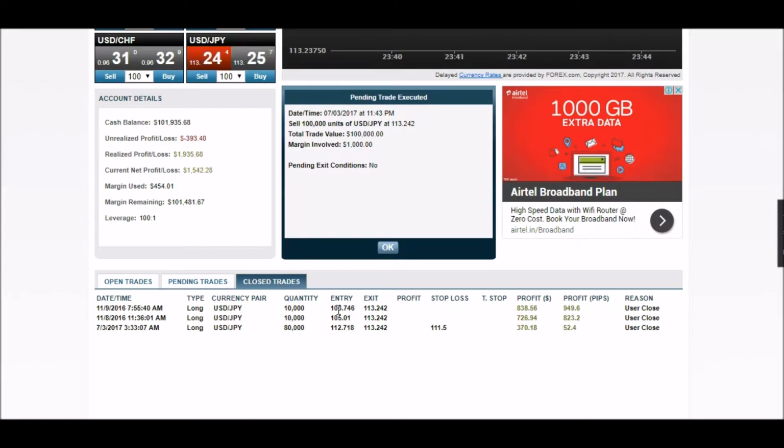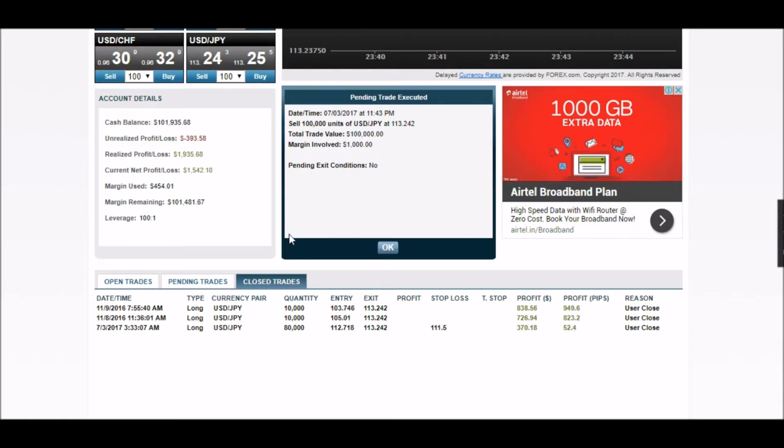So we've got the sterling shorts still open, of which one is in a loss, the other one's a profit. We've got $20,000 yen remaining of the $100,000 which we initiated yesterday. Now that's not exactly what we wanted.